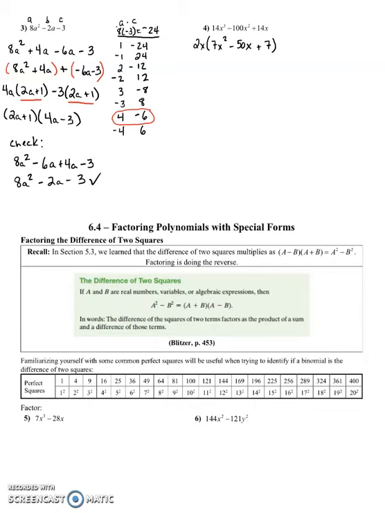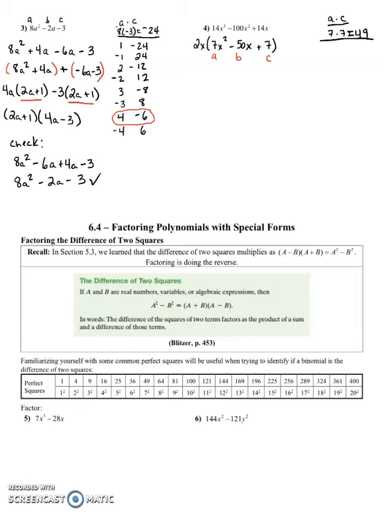Now, remember, we're going to make the 7 our a, the negative 50 our b, and the plus 7 our c. So we need to do a times c again, which is 7 times 7, or 49.